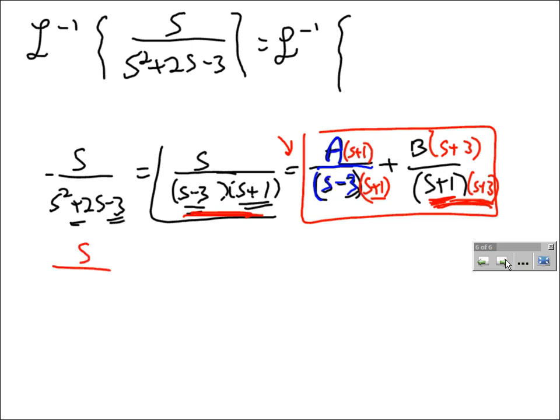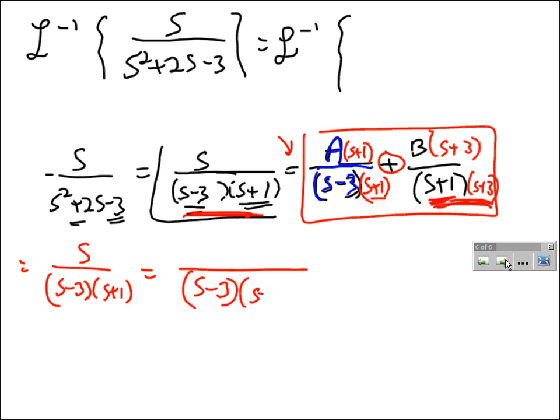So now we have s over s minus 3 times s plus 1 is equal to, well, when you add those two fractions, since they have the same denominator, we keep it, and we add the numerators. Well, we have as plus bs. We have a plus b s's, plus, we're adding a, and we're adding 3b's.